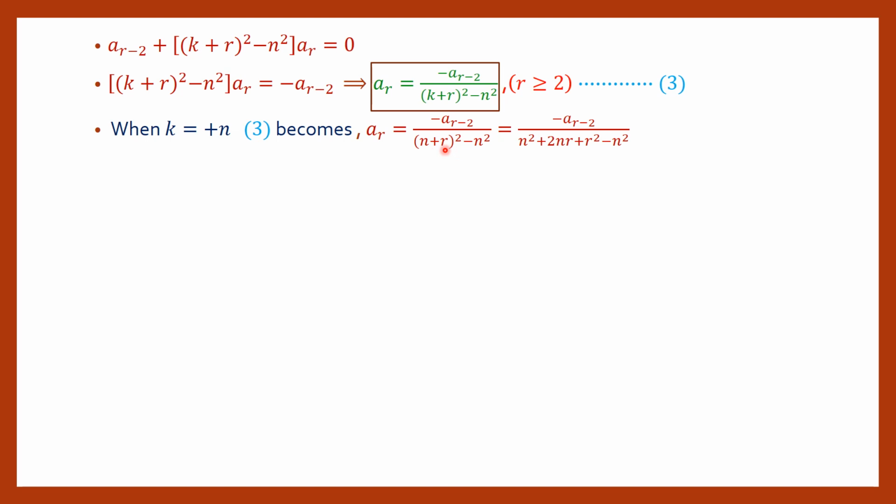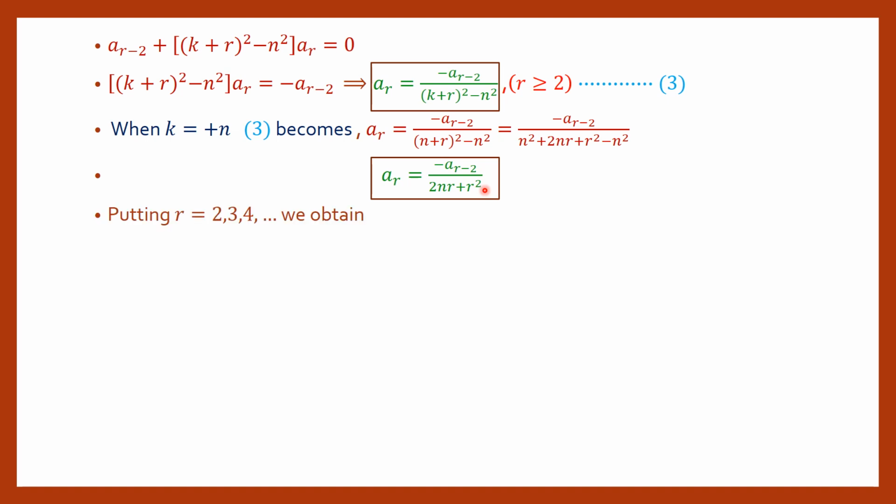If you simplify by opening the bracket, n square gets cancelled with n square, remaining ar equal to minus ar minus 2 by 2nr plus r square. This is what ar is. This is very important and we will be using it in upcoming steps.